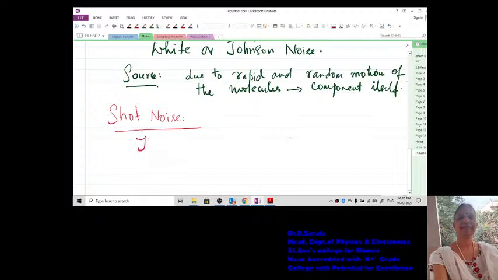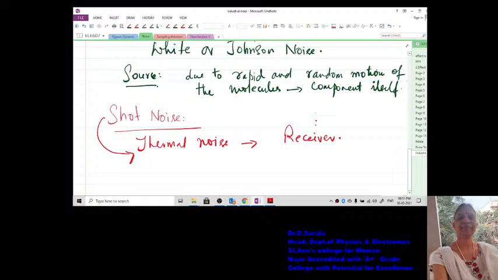When we discussed thermal noise, it is by no means the only source of noise. Thermal noise is what you have seen in the receiver, but it is not the only one. We have shot noise, which is more important.